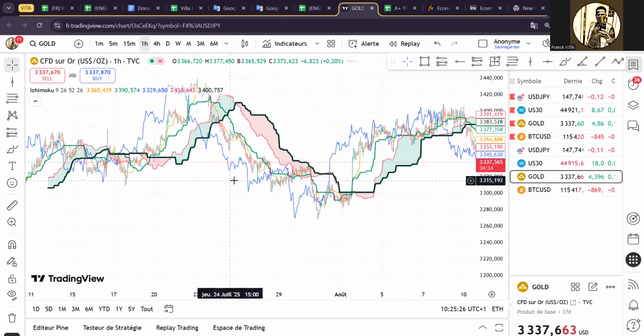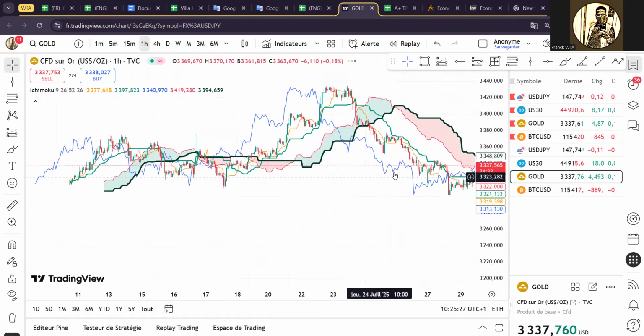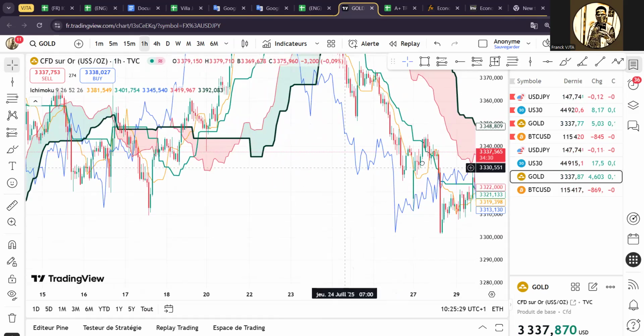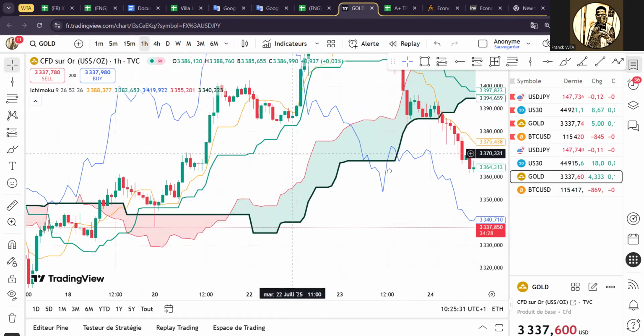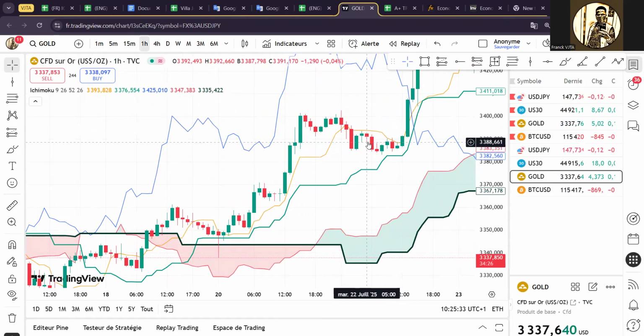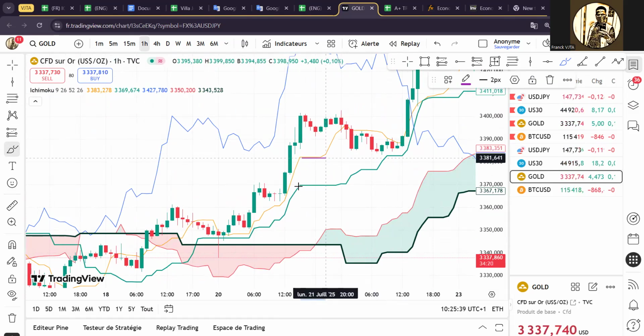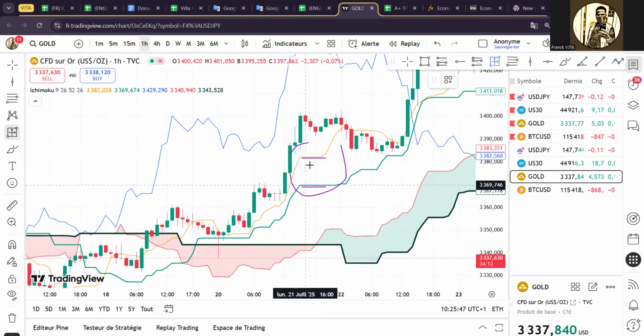The size is not that big, and it's not something that lasts for too long. Okay, this is a fresh ride. See the separation between Tenkan and Kijun, isn't it? It has a size. This is the size of it.